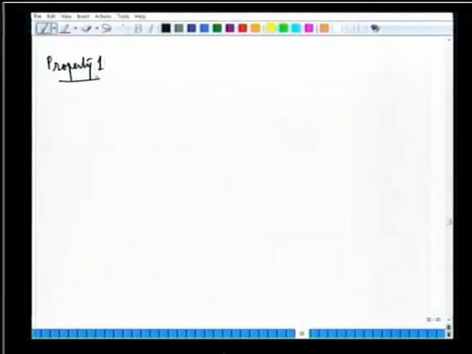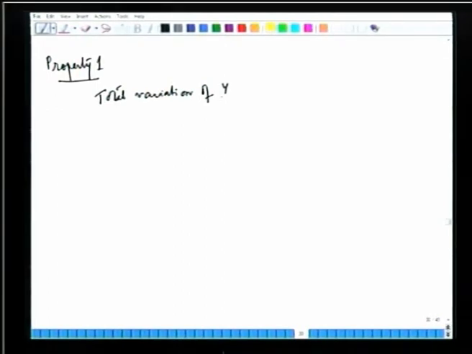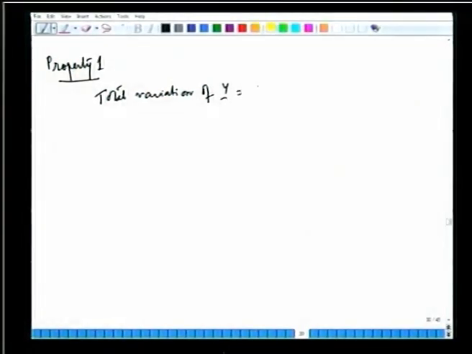We have total variation of y, that is of the principal components, is equal to total variation of x. Now, at this point we are still talking about the p-dimensional vector of principal components.